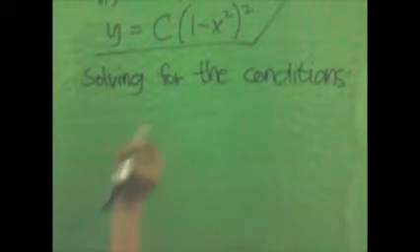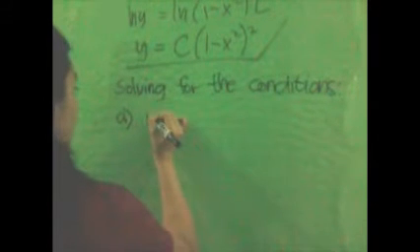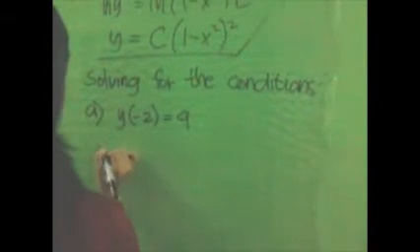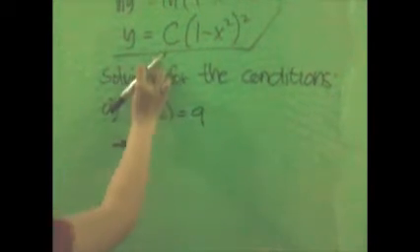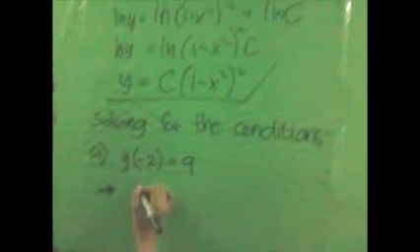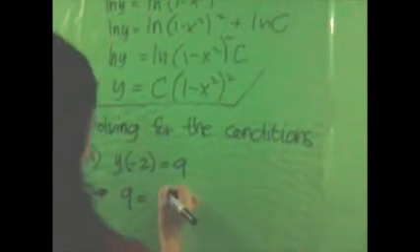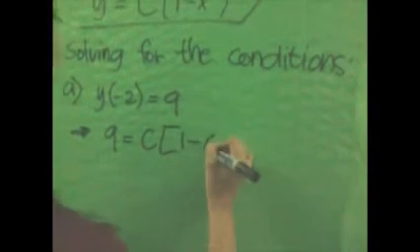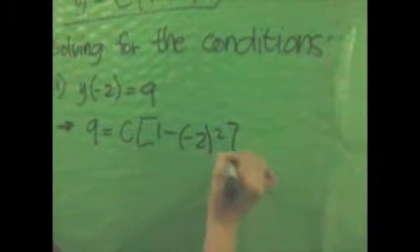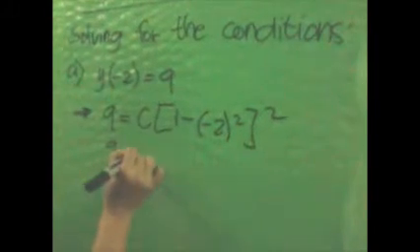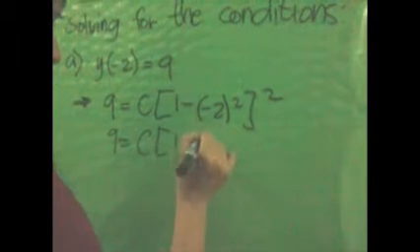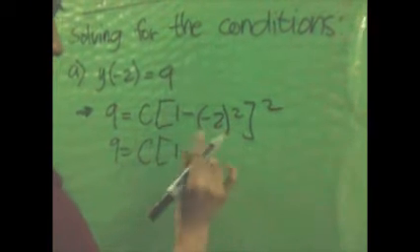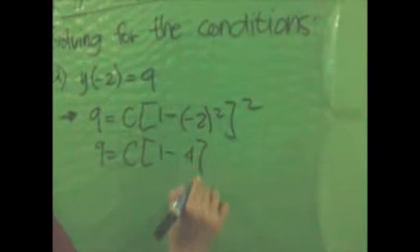So the first one, we have y of -2 is equal to 9. Using the value for y, we have 9 is equal to c times (1 - x^2) squared. Replacing the value of x, which is -2, we have 9 is equal to c times (1 - 4) squared.